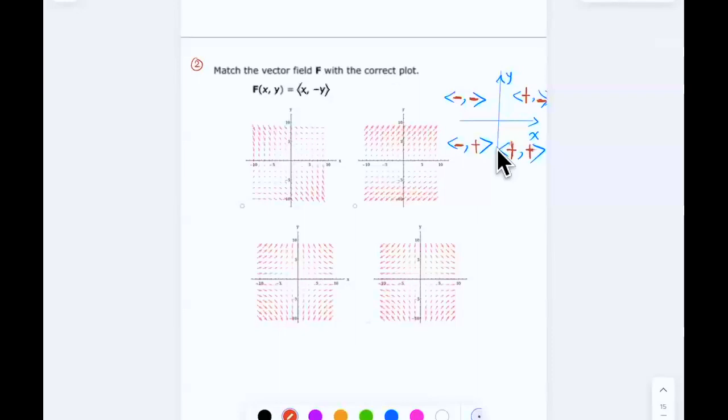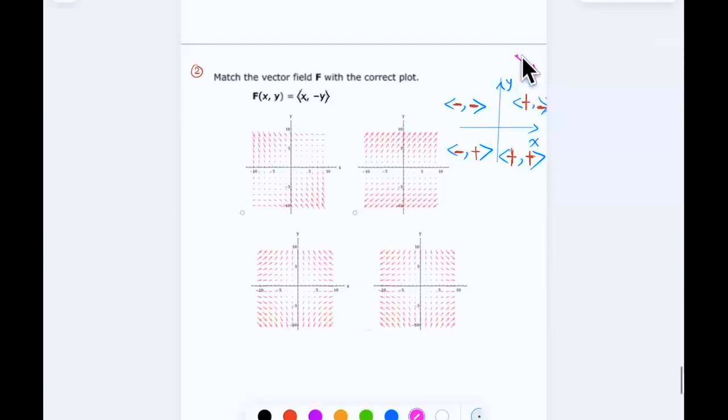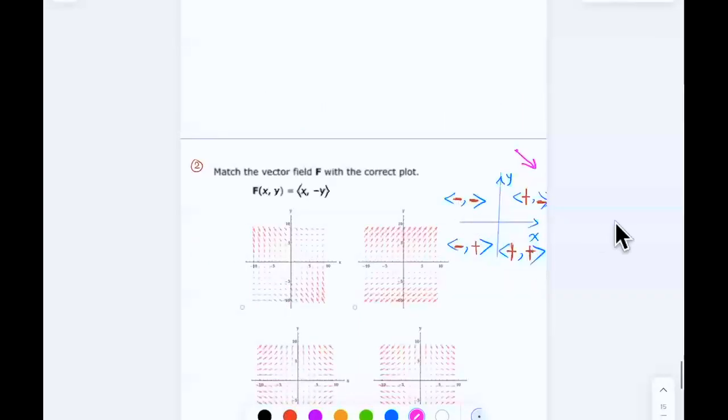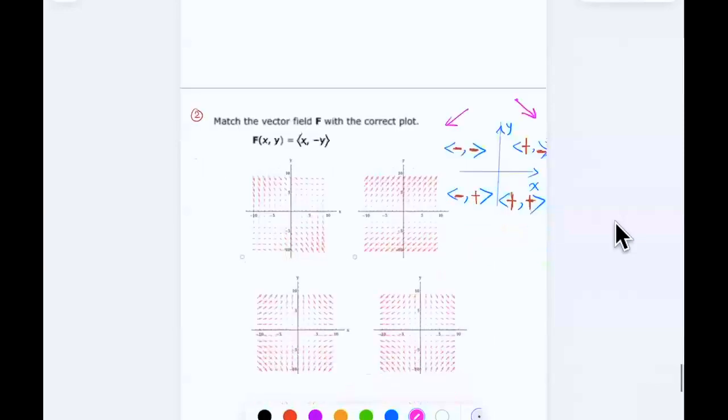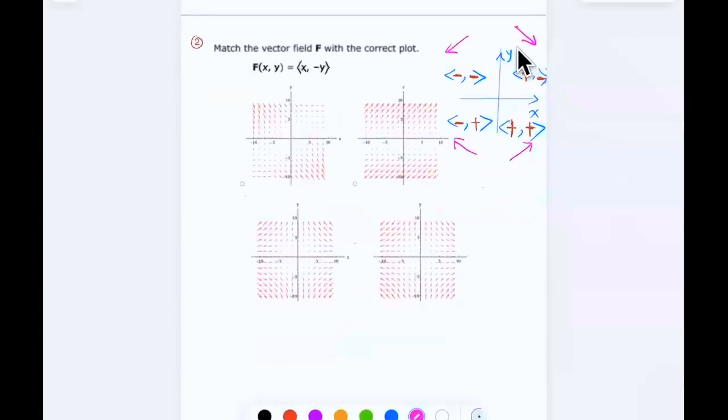Okay, which one matches, do you think? This one is positive, negative. So what kind of vector do we have? It's a positive X and a negative Y, so it's going to go this way. For negative, negative it goes this way, for negative, positive this way, and for positive, positive this way. So the first quadrant looks like this.